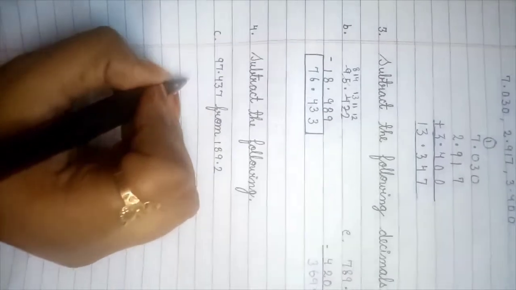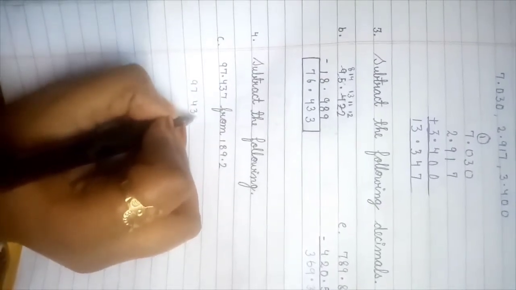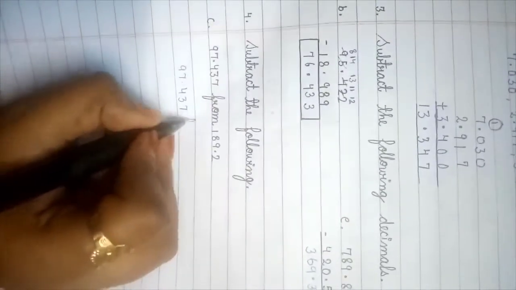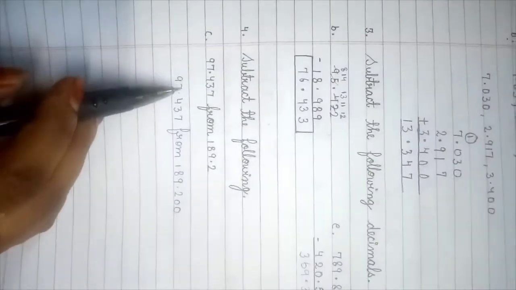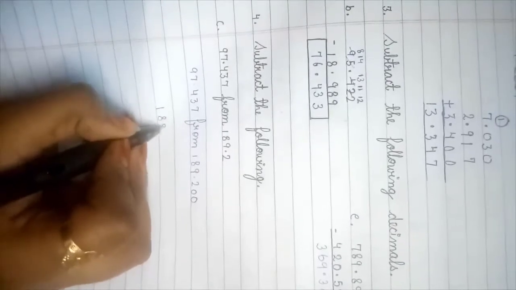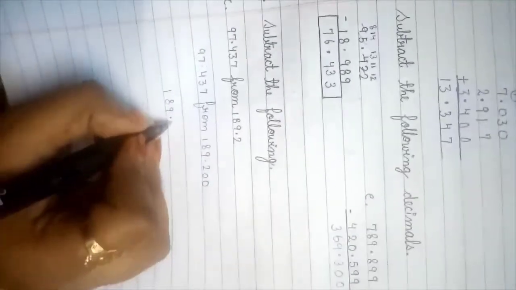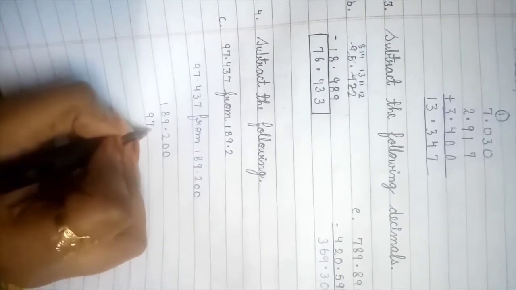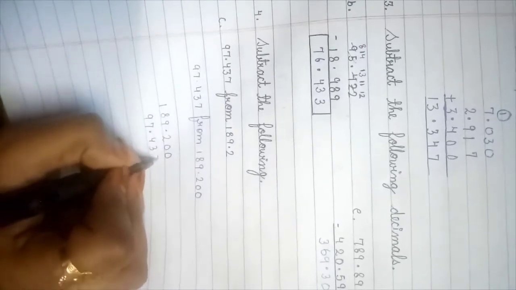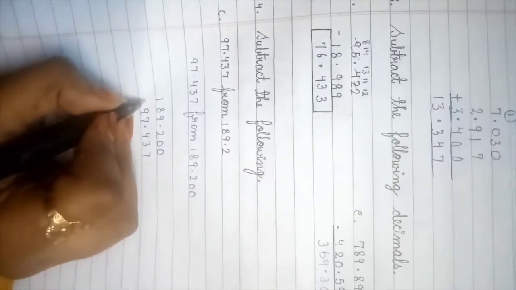So here it will be 97.437 from 189.200. So we have to subtract this number from this. So we will first arrange 189.200, then 97.437, minus.